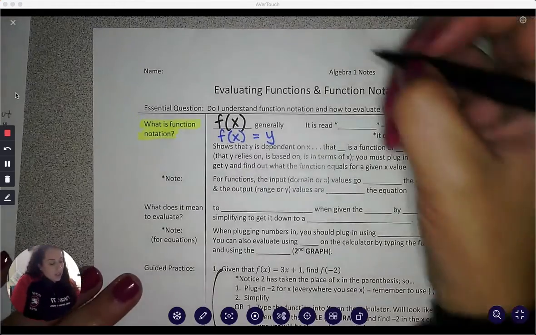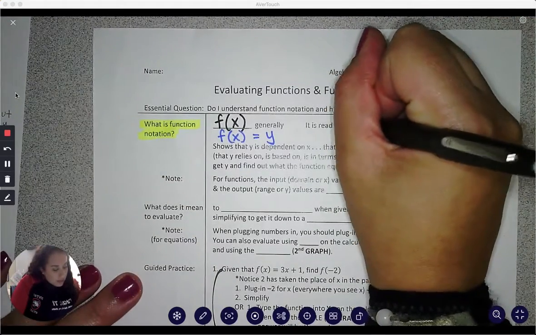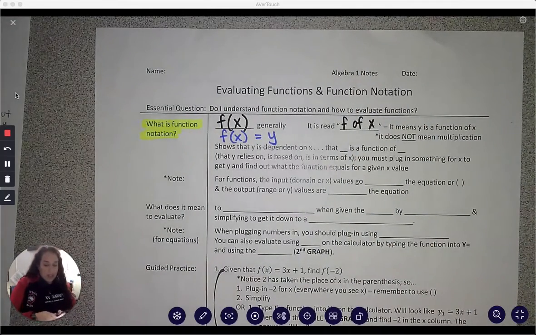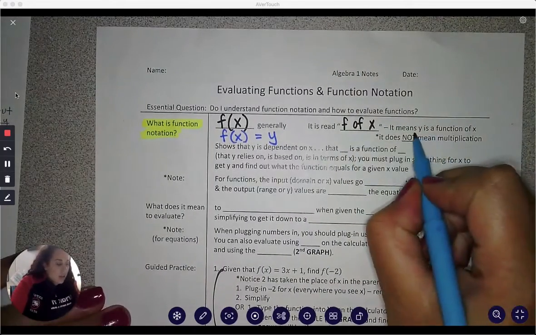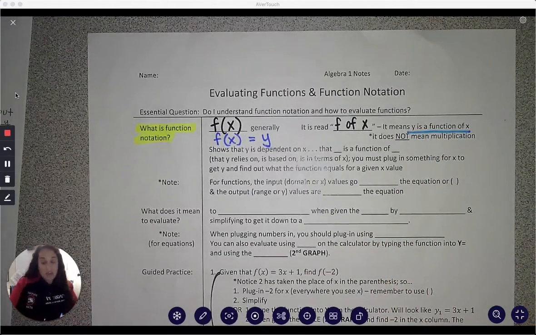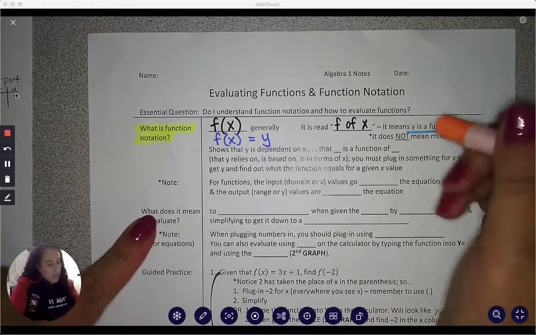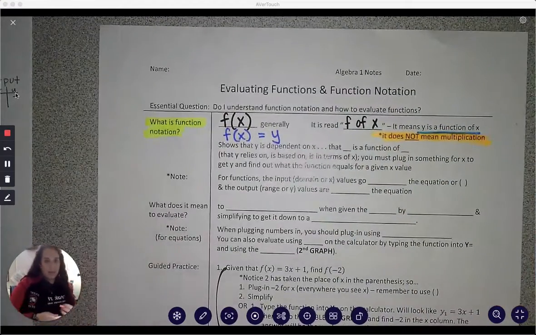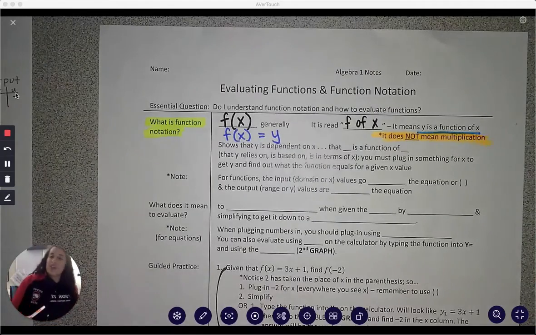Usually this is read "f of x." What that actually means is that y is a function of x, and it does not mean we're multiplying. There's no multiplication involved. Now, can we use different letters?